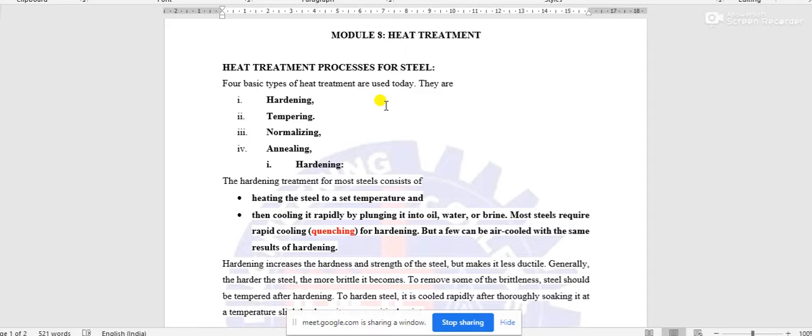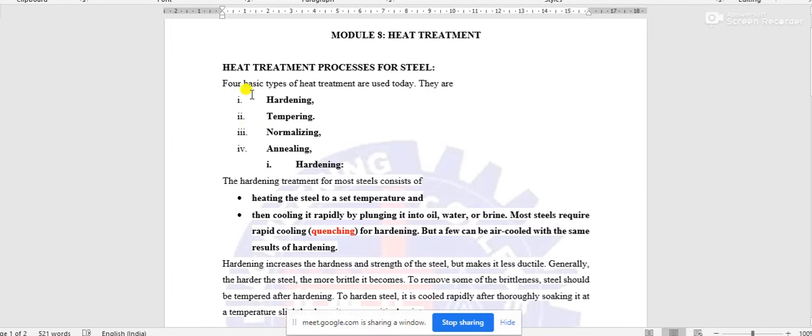Now, the most important metal, steel, in the sense of civil engineering, and the heat treatment process for steel is an important topic which is referred to in your syllabus. Now we're going to discuss the different heat treatment processes of steel.